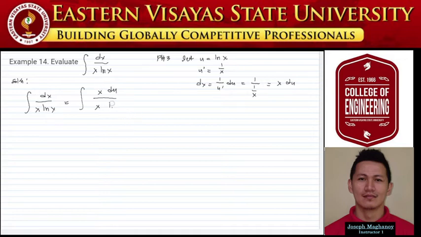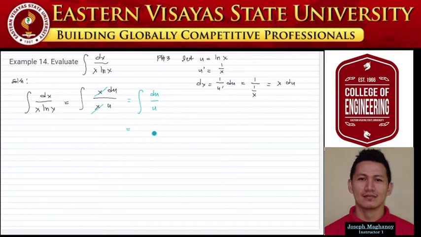So our ln x, we need to replace this with our u. Our ln x will be our u. Okay, so we can apply some cancellation. So finally, du over u is in place.